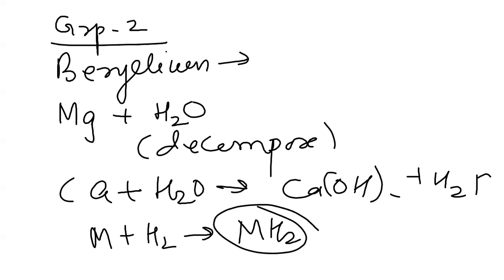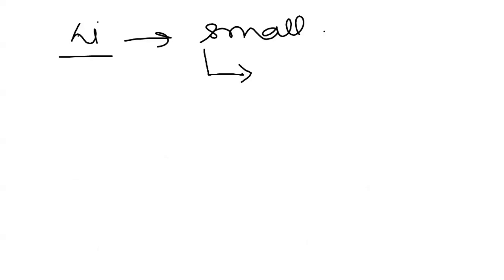Okay. Now, one question is there. This is a very important question: NaCl is an ionic compound, but LiCl has covalent character. See, the ionic size of lithium is very small, and since the size is small, its charge density is high.